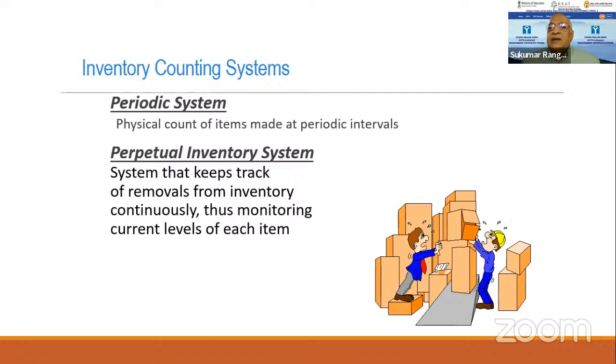One human error can bring the entire system to a halt. So people keep track of it in a perpetual inventory system, whereby the moment something is removed and sent, it is recorded online, at least on a 24-hour basis, if not in real time. You get to know what inventories are lying where and what the current levels are.